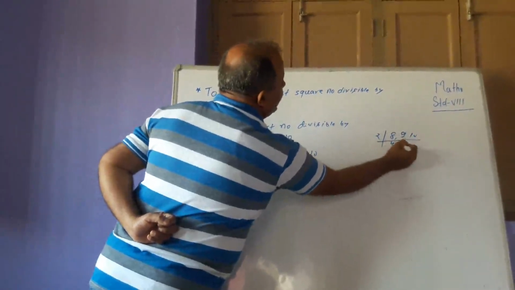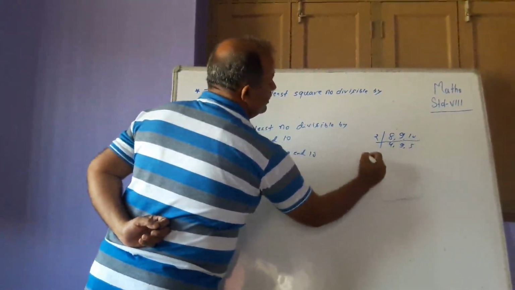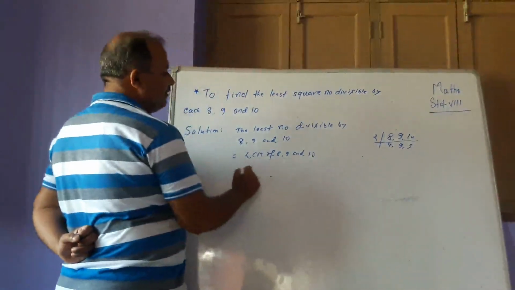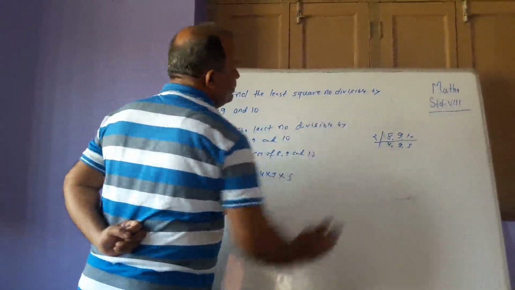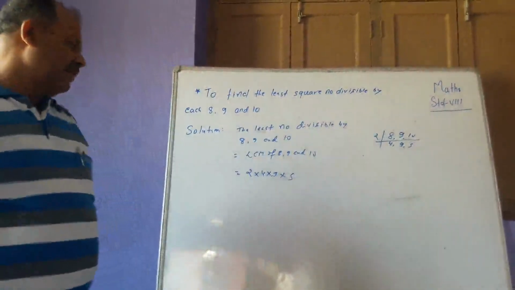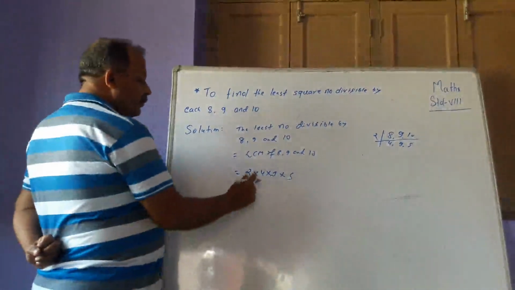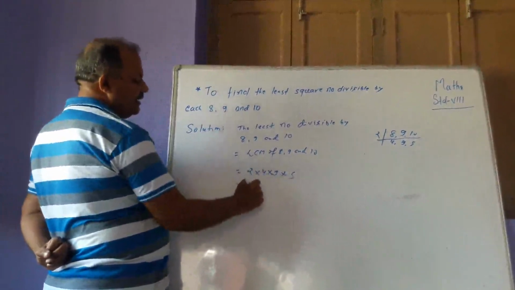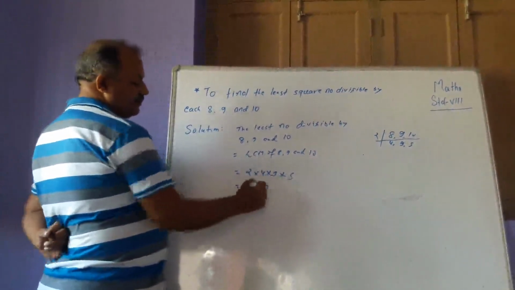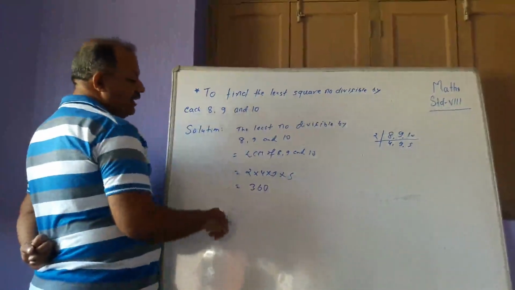Therefore the LCM will be 2 into 4 into 9 into 5. You already know about it. It will be 2 fours are 8, 8 fives are 40, and 40 nines are 360.